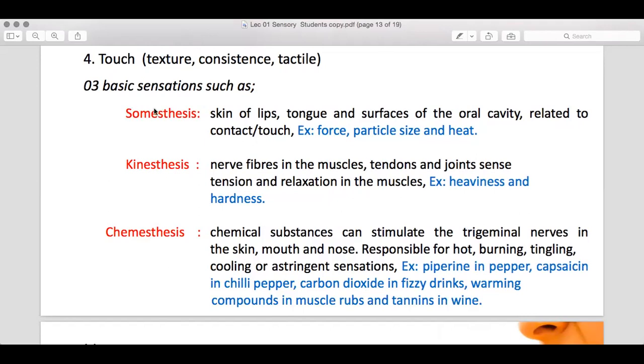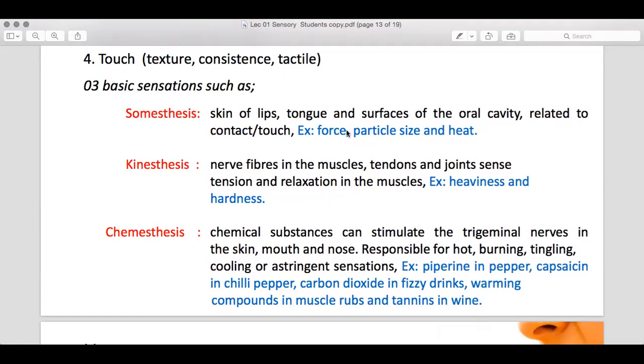The first one you can see is when food comes close to the mouth. When we take the food close to the mouth, what happens? First, the skin of the lips and tongue surface. The food comes through the lips, right? That is very common; we all consume foods similarly.